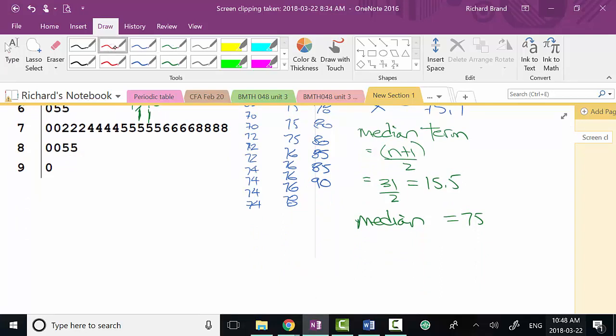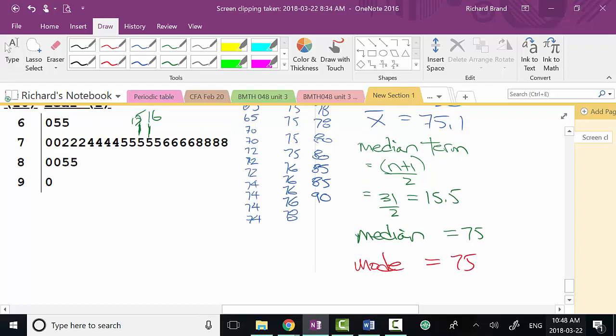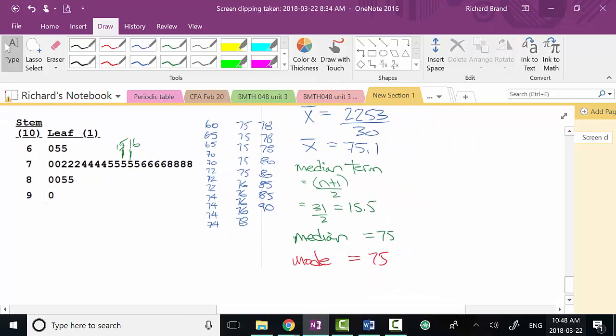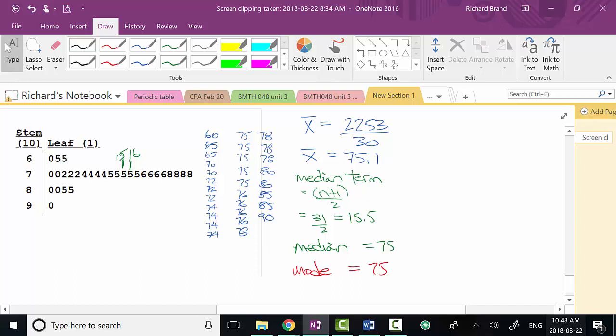So the mode in this data set is the most common term, which is also 75. So this is really a symmetrical distribution, in effect, because the mean and the median are pretty much the same number. And it doesn't really matter which of the 3 descriptors you would use to determine center, because the median, the mode, and the mean are all pretty much the same number.